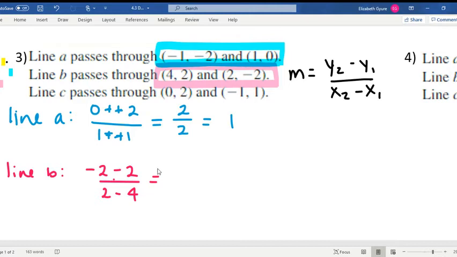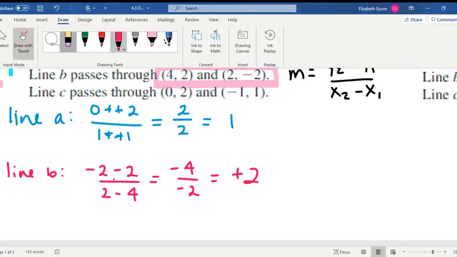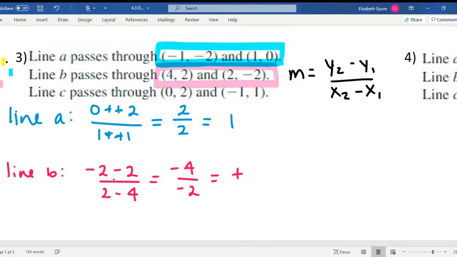What is -2 minus 2? -4. And over what, if it's 2 minus 4? Negative, good. And then what's a negative divided by a negative? A positive. And then what's 4 divided by 2? 2. So this becomes a positive 2. Good.